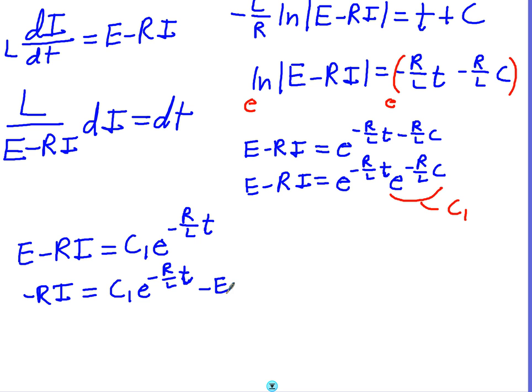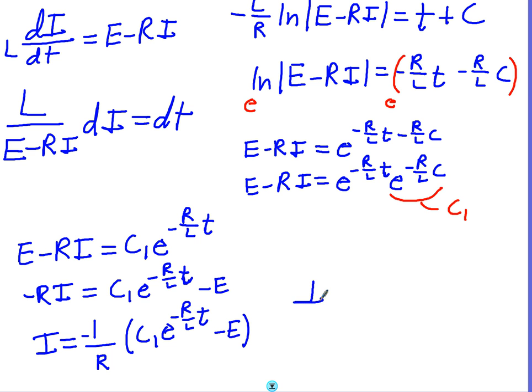Minus E. And then divide by negative R to get I by itself. When I divide by negative R, I can actually swap these around. I'll do this as negative for now. The negative, I could just distribute inside and swap those around.